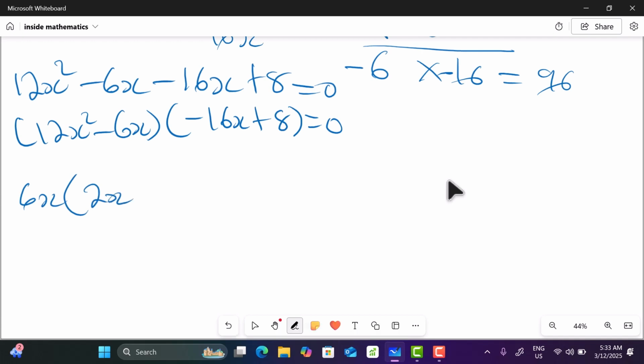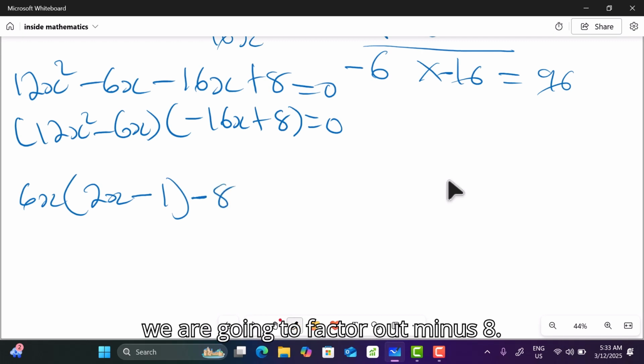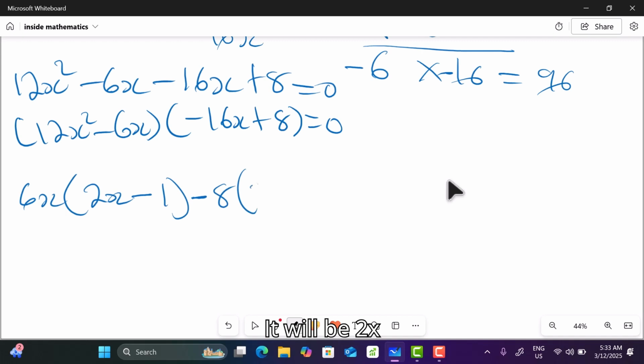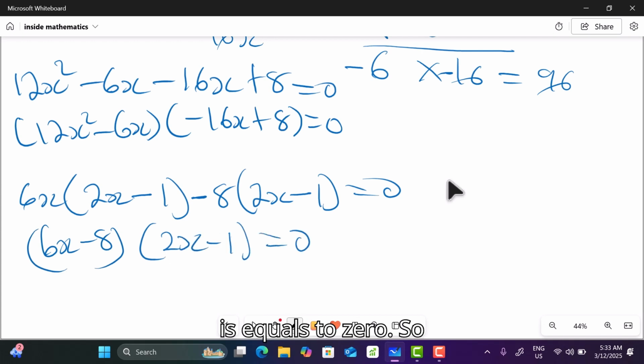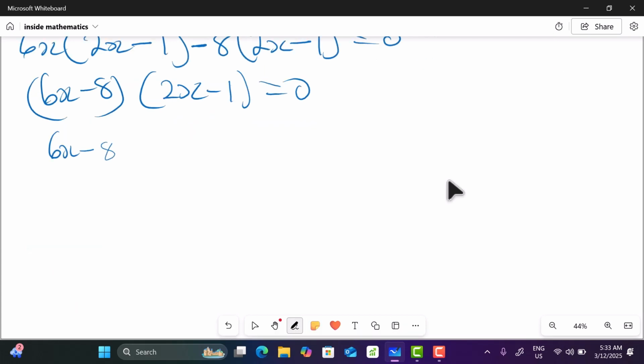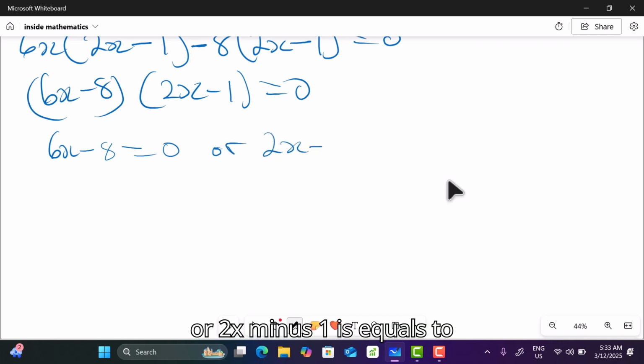It will be 2x minus 1. Here we are going to factor out minus 8. It will be 2x minus 1. So (6x minus 8)(2x minus 1) equals 0. So 6x minus 8 equals 0, or 2x minus 1 equals 0.